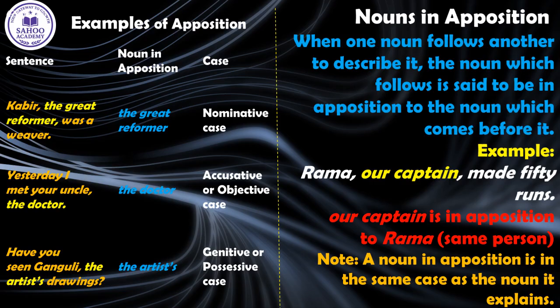The third example. Have you seen Ganguly, the artist's drawings? Here the artist's is in apposition to Ganguly and it is in genitive or possessive case. So remember, a noun in apposition adds more information, refers to the same person or thing and stays in the same case as the noun before it. Clear? Now let's go to the next slide.